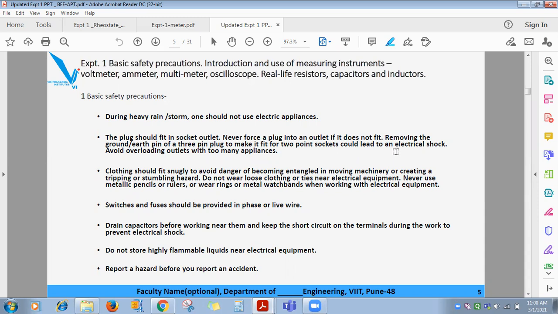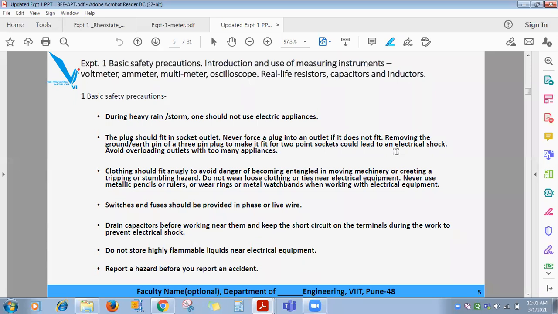Steam turbine and water turbine are not possible. Diesel engine. It requires diesel fuel, so storage of fuel is required. Such flammable fuel you should not keep near an 11 kV, 22 kV, 420 volt or 220 volt line. A separate storage room must be there for such flammable liquids. Wherever required, provide earthing connection.